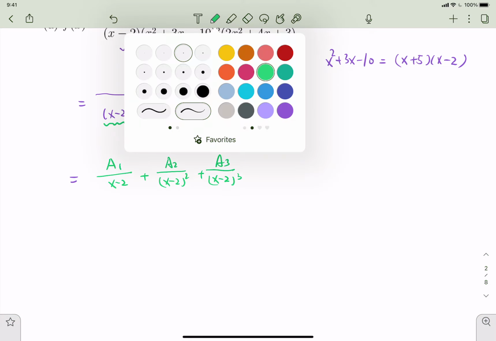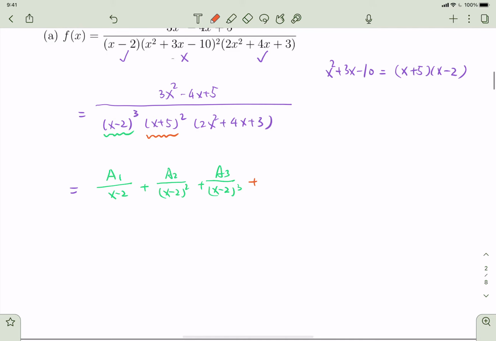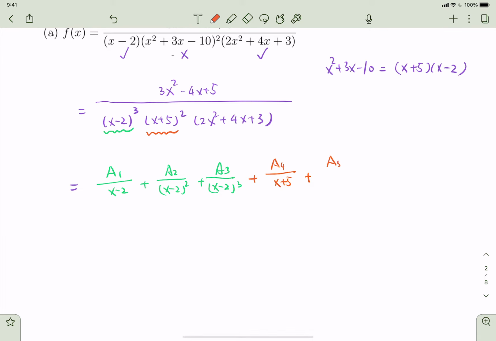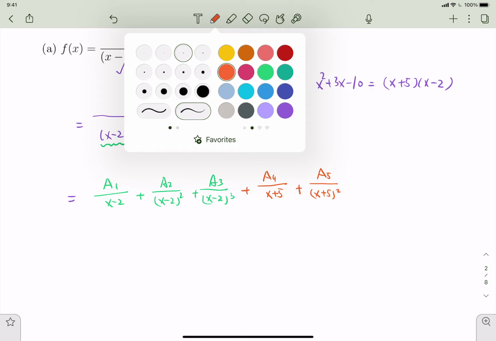That's for the first term there. And the second term, we have this x plus 5, right? So we're gonna plus a4 over x plus 5, right? And plus a5 over x plus 5 squared, right? So that is the second term.